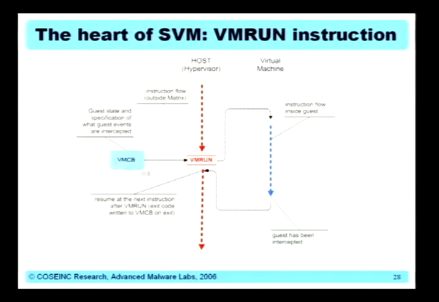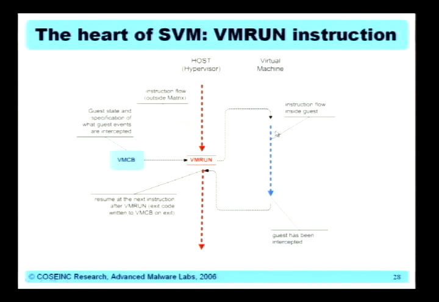Once we create this VMCB and fill it with our preferred values, we can call the VMRUN instruction. This is one assembler instruction. It takes an implicit argument, which is the address of the VMCB. This instruction is similar to call, because it starts the execution of the virtual machine, which now executes, just like a function, until some event occurs, an event which we would like to intercept. So let's say we wanted to intercept page fault exceptions.